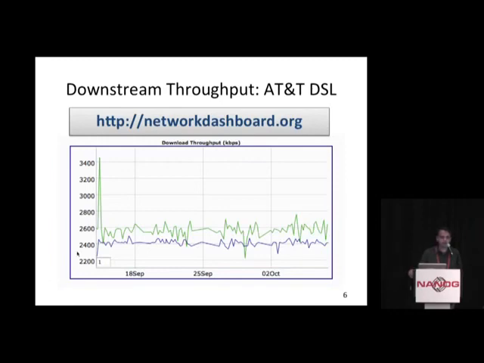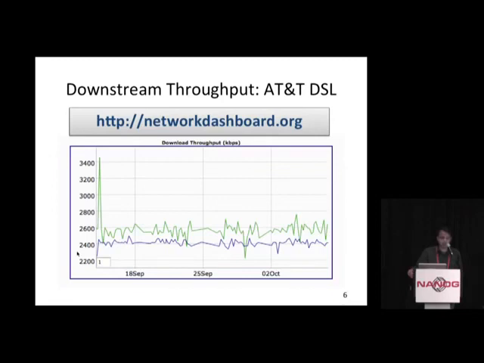I'm going to show a few examples of real-world measurements that we have been conducting over the past few weeks. First up, throughput. To measure throughput, we use netperf over TCP to a nearby server, which is at Georgia Tech. It uses single and multi-threaded tests in order to measure the download and upload throughput. The user that you see on the graph is an AT&T DSL user with a 3 megabits per second down plan.